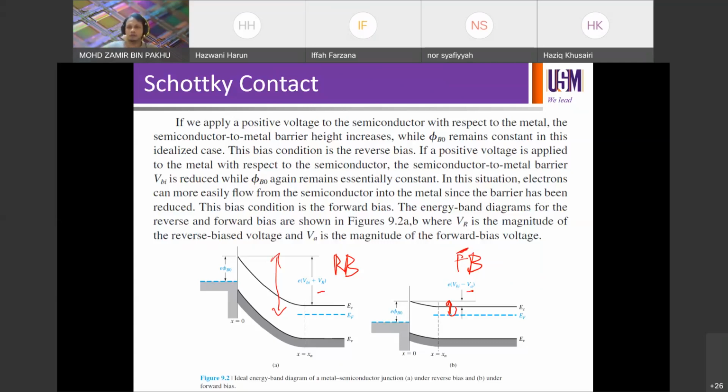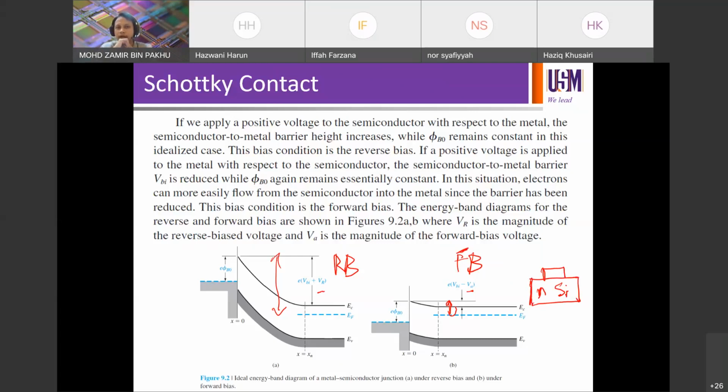If you want to imagine this physically, let me just draw for you. Say you have an N-type silicon. So what we are doing now is putting a metal contact. That's all. Done.